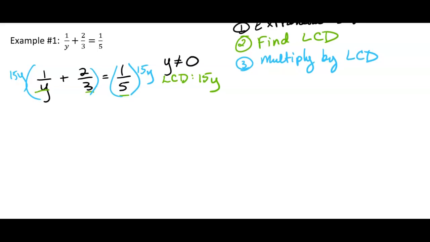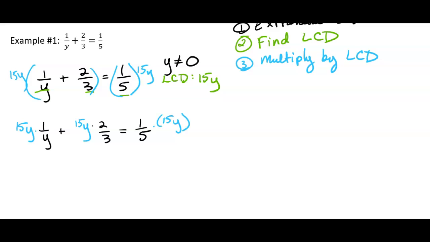And if you want to eliminate one step, you could multiply each of them by the LCD. So you've got 1 over y plus, and then you're going to have 15y times 2 over 3 equals, and then you're going to have 1 over 5. And it doesn't matter which side you put the 15y on, but something like that.